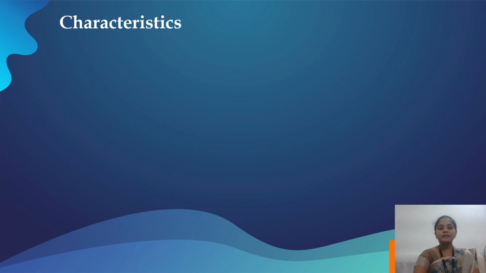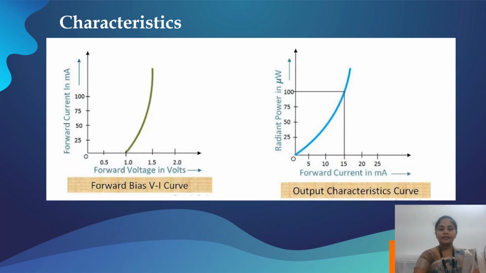We will now look into the characteristics of an LED, which is very simple. Whenever there is an increase in voltage, obviously there is an increase in current, which is exactly similar to the VI characteristics of a PN junction diode. It should be noted that only after a particular threshold value, the current will start to increase. This is because there will be a breakdown of charge carriers which occurs in the depletion region.